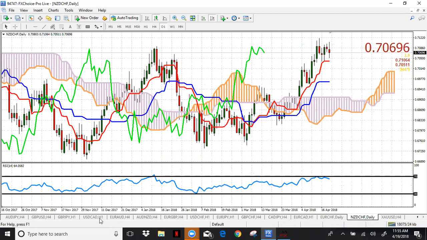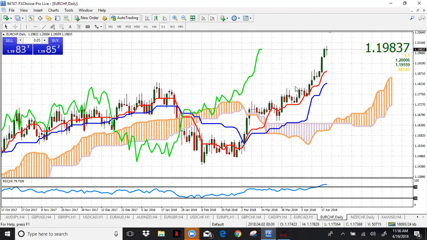Have you noticed any pairs that are very consistent as far as these rules? The Swiss franc, the CHF. Those pairs have been really good for me. They're all CHF pairs, like Euro CHF.